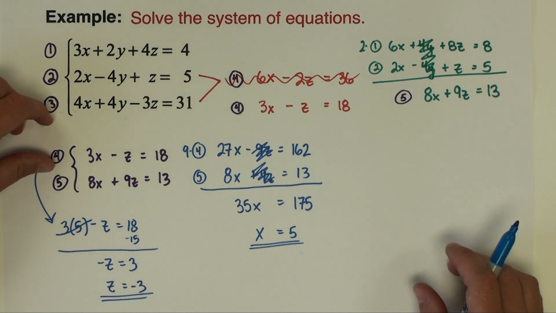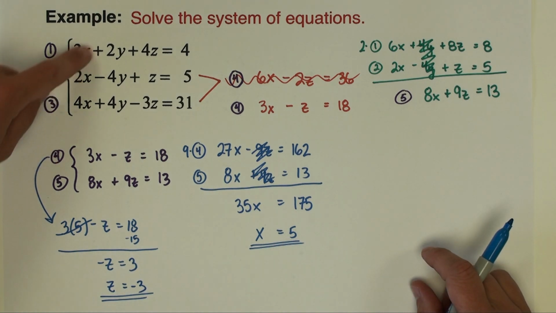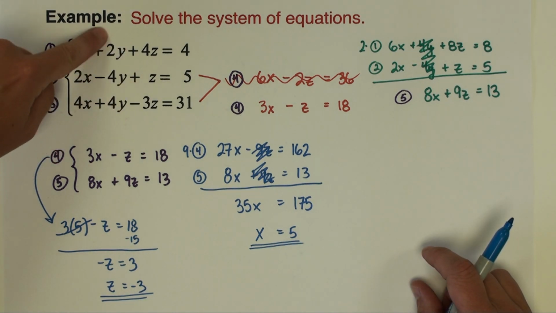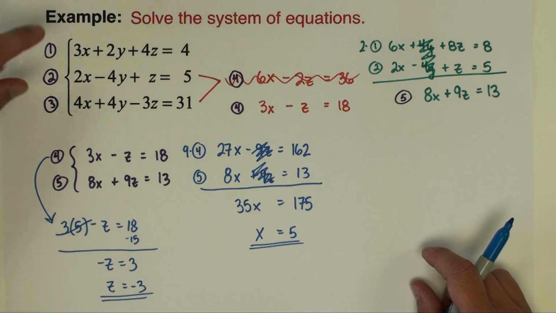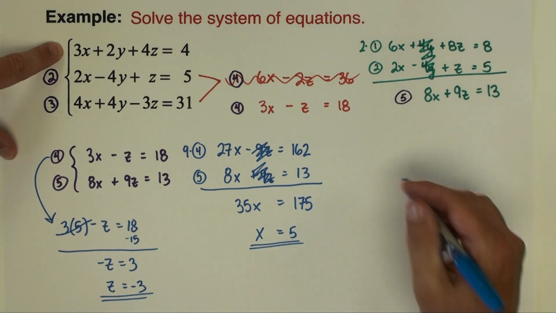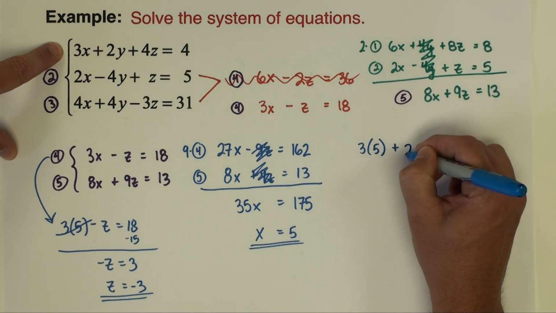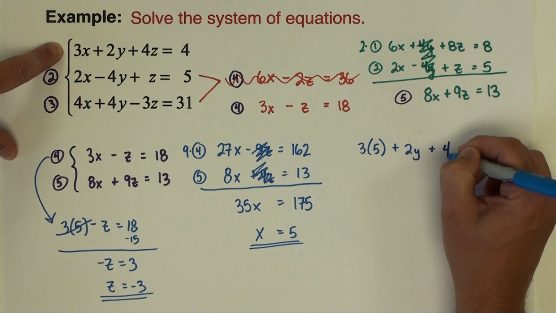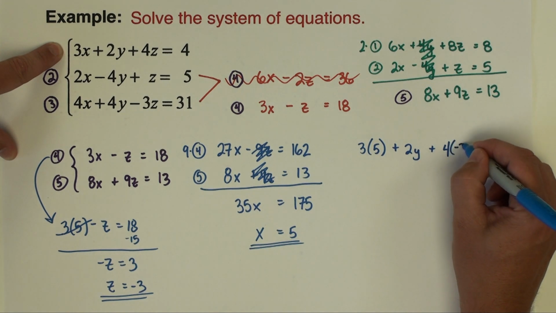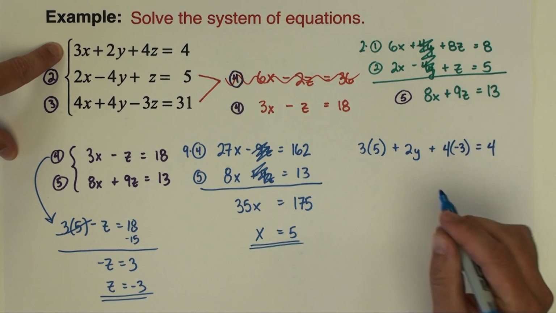All right, we've got x, we've got z, we just need y. Pick whatever equation you want to work on. I'm just going to take the top equation. So 3 times the x plus 2y plus 4 times the z equals 4.